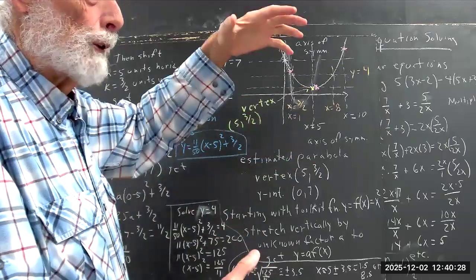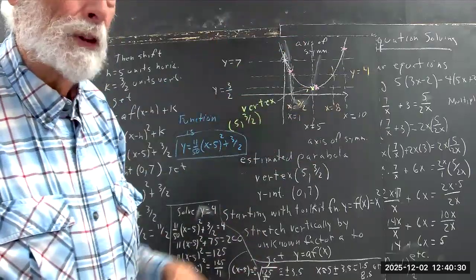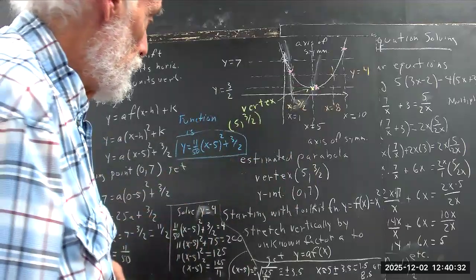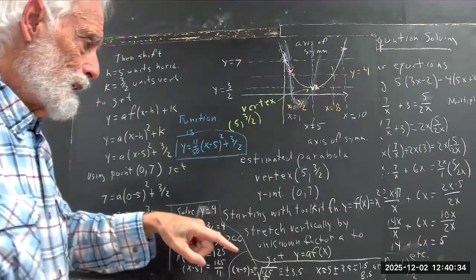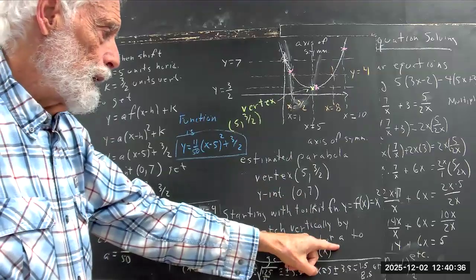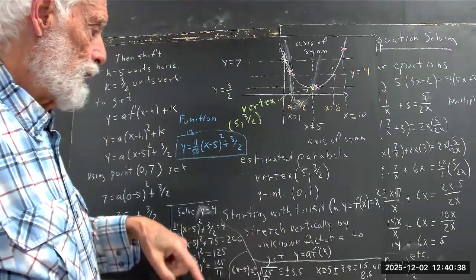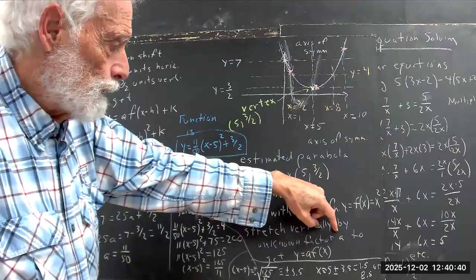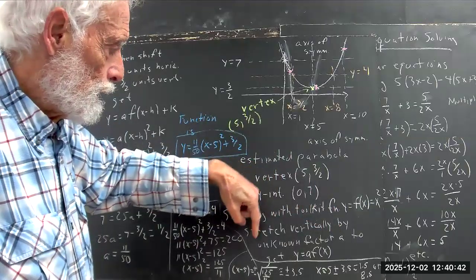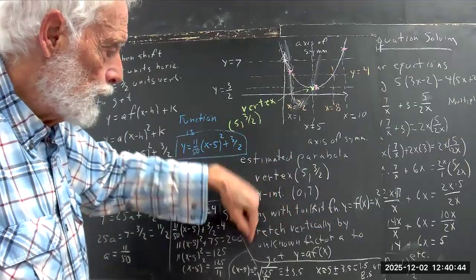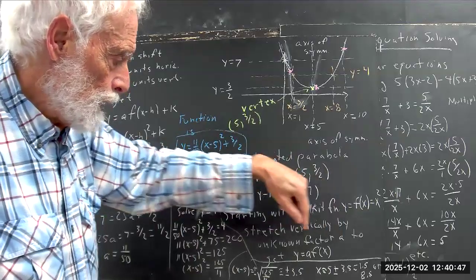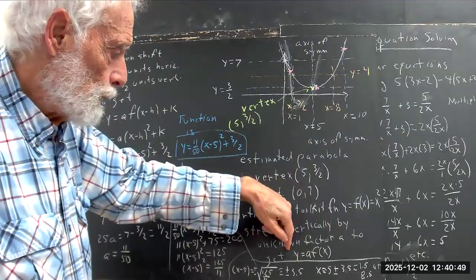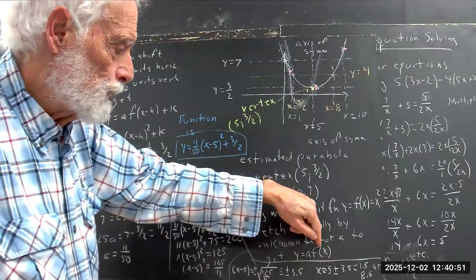It's going to have to be stretched this way or maybe compressed. Turns out it's got to be compressed, but it's the factor A that does that. So if A is our vertical stretch factor, it's our unknown vertical stretch factor. When we stretch it, we know we're going to get y equals A times f of x.